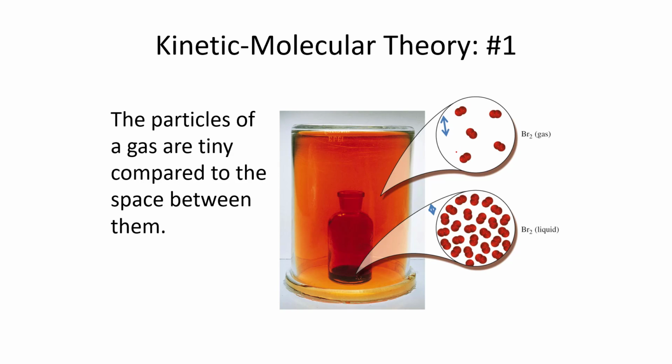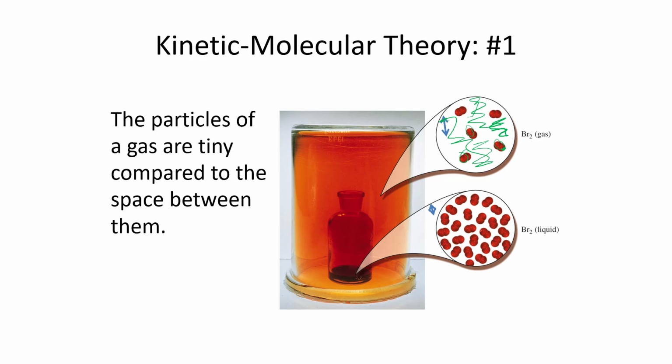Kinetic molecular theory number 1 states that the particles of gases are tiny compared to the spaces between them, which means if I'm asked for the whole volume of the container, do I need to subtract out the volume of an individual gas molecule? No, because it's assumed that this huge space here is so big that the tiny little amount that my bromine takes up is not important as far as the whole volume is concerned.